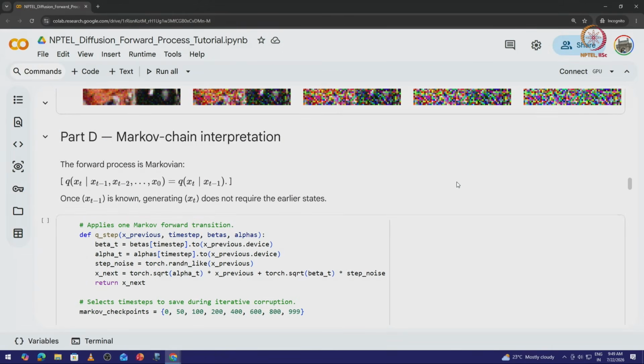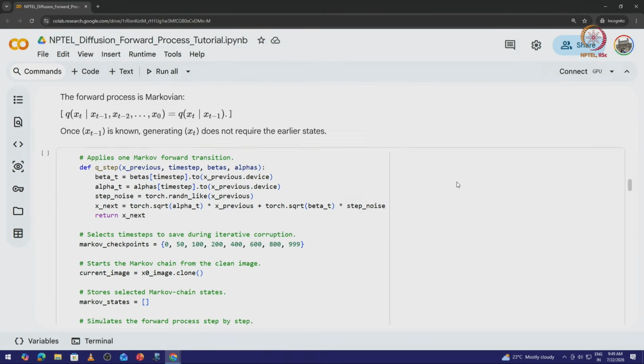Okay. Now comes a very important part of the diffusion model's forward process, which is the Markov chain interpretation. The forward diffusion process can be interpreted as a Markov chain. What do you mean by Markov chain? A Markov chain has this property that the next step only depends on the previous step. So, this is an important interpretation of the forward diffusion process: to get the next noisier image you only need the previous noisier image.